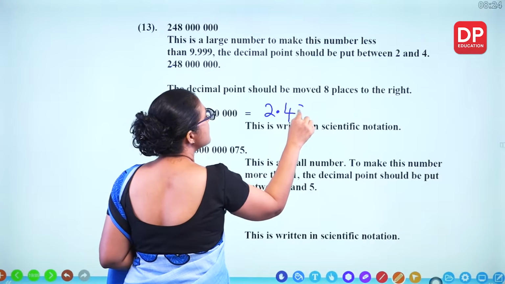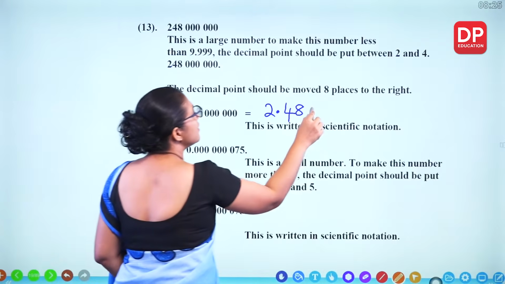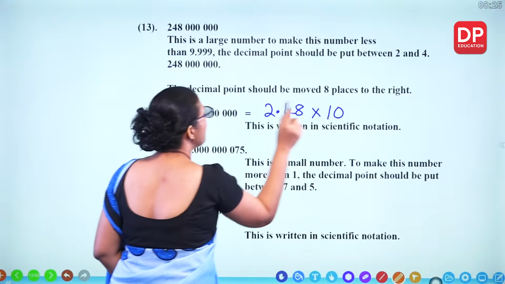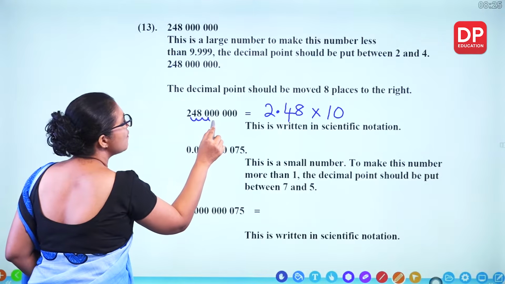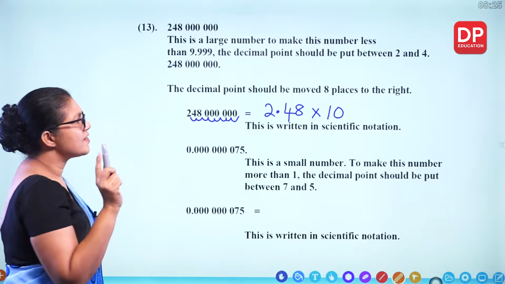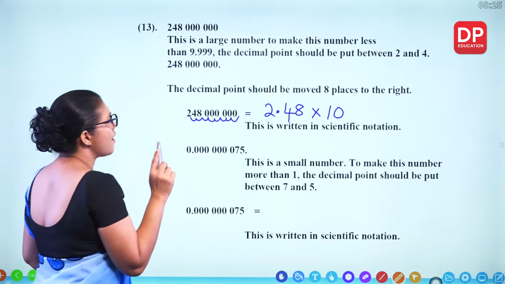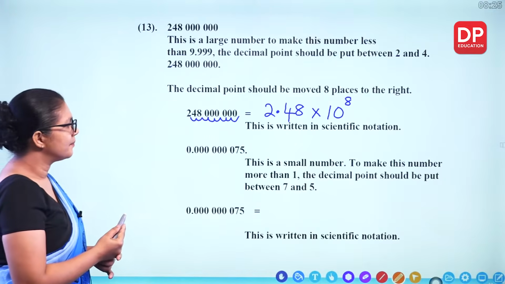That's a number less than 9.999. Then how do you get this number? How many places do you have to move? 1, 2, 3, 4, 5, 6, 7, 8. 8 places you have to move to the right. So we can write 10 to the power 8.